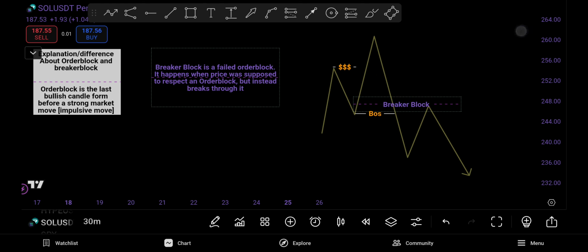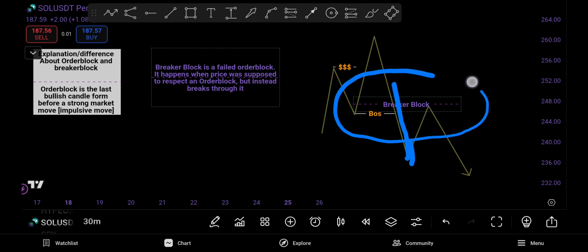But instead, if the market breaks down the order block, you know that this order block is no more valid.